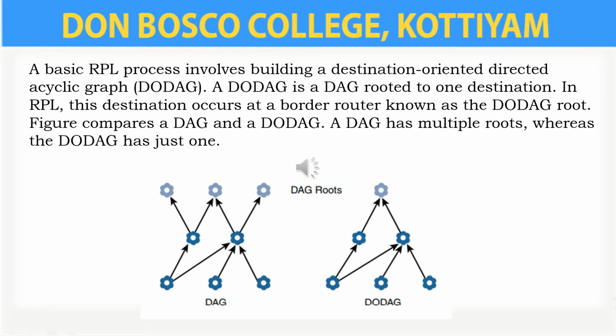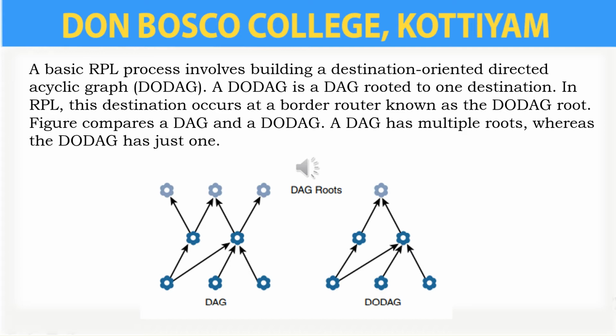The RPL has mechanisms for loop detection and DODAG repairs. The traffic flows between the nodes that RPL supports are point to multi-point, multi-point to point, and point to point. A basic RPL process involves building a destination-oriented directed acyclic graph, that is DODAG.